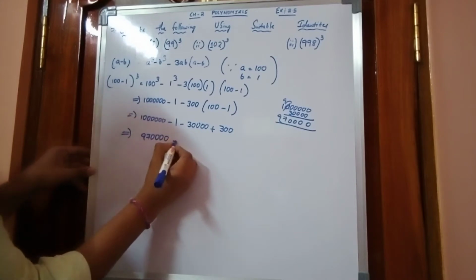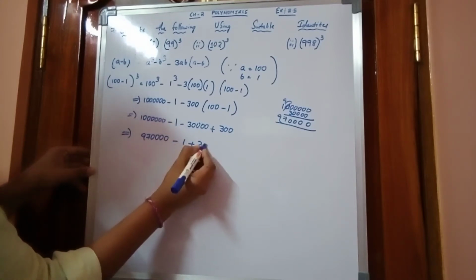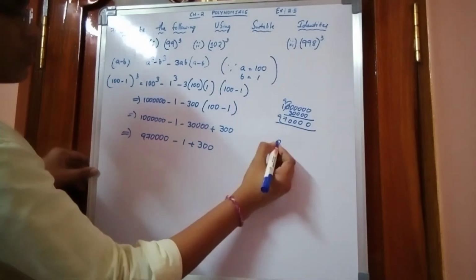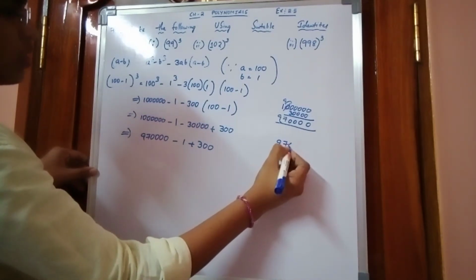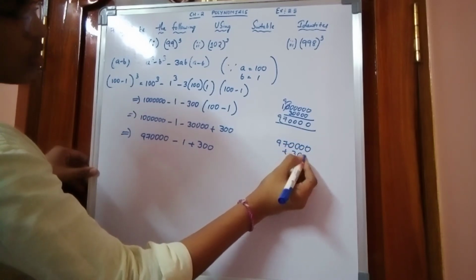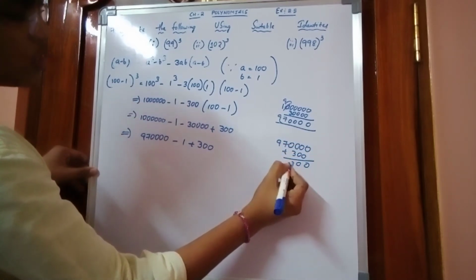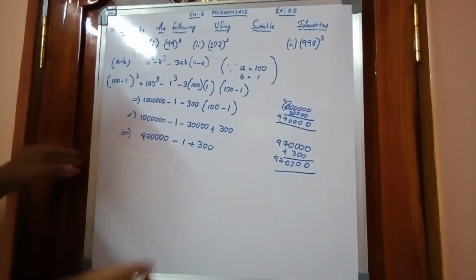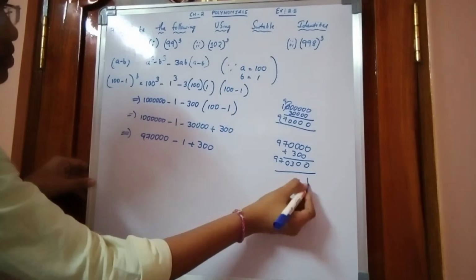So this implies 970,000 minus 1 plus 300. So now add 970,000 plus 300. We'll get 970,300. So minus 1 you do here.